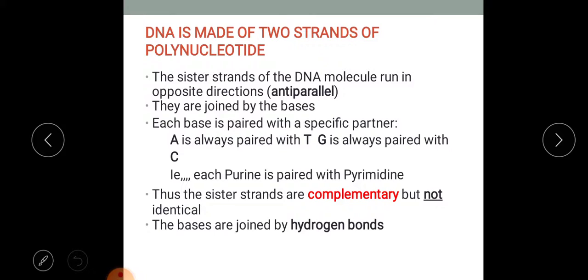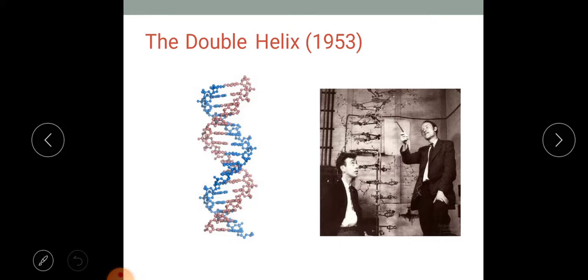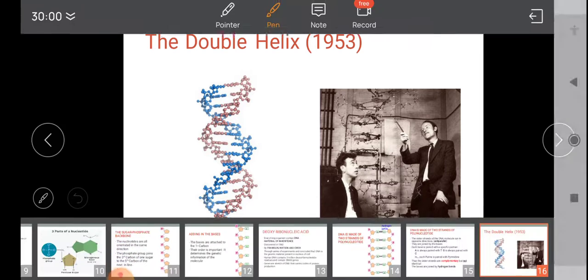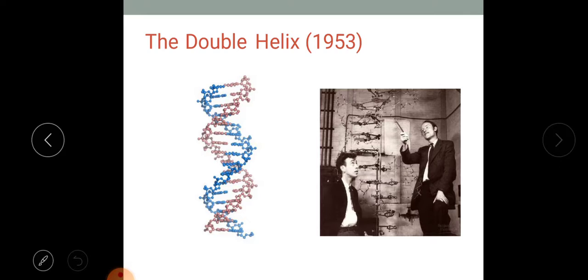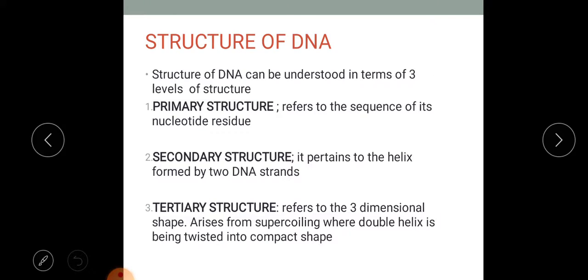All these we discussed already. Now the double helical structure of DNA was proposed by Watson and Crick, that you are very familiar with. Then the structure of DNA has three levels. Primary structure refers to the sequence of the nucleotide residues. Secondary structure is the helix formed between two DNA strands, and tertiary structure refers to the three-dimensional shape.